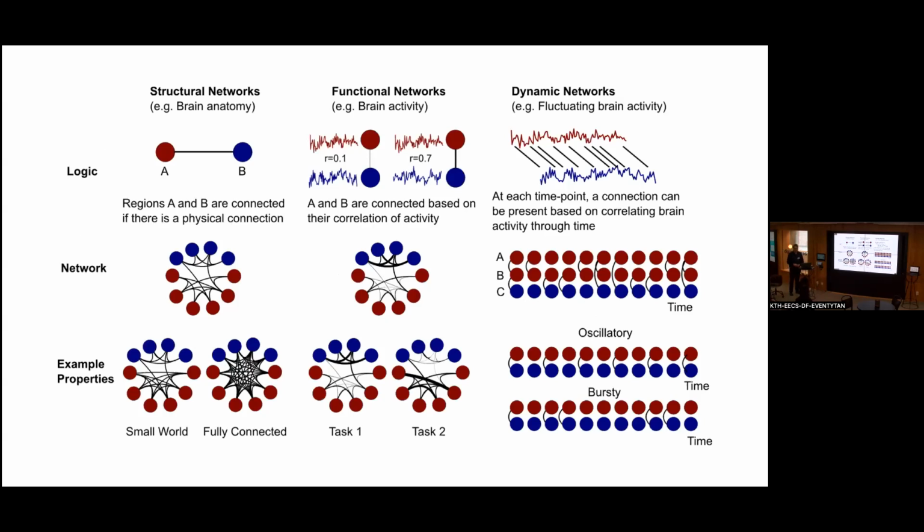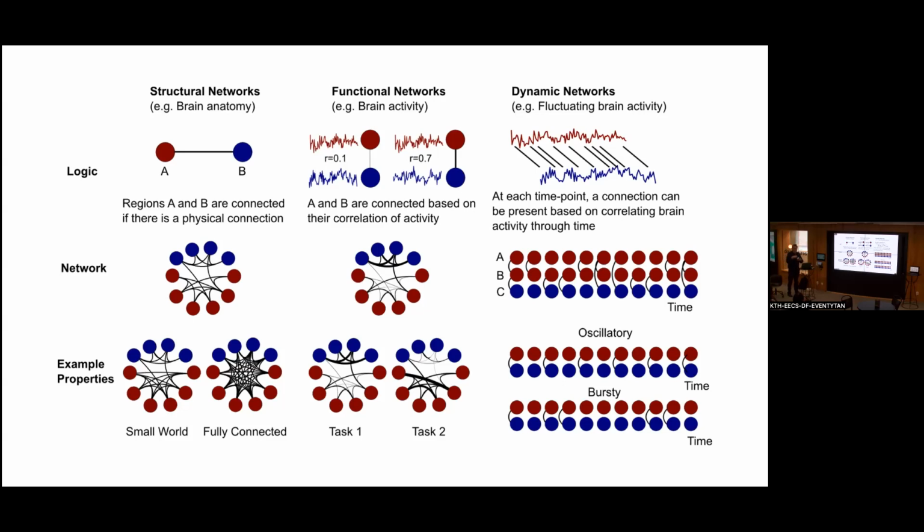Okay, so this slide summarizes what it's all about in terms of network-based modeling of neuroimaging data. So let's start with structural networks, which you can study, for instance, by using diffusion-weighted MRI.